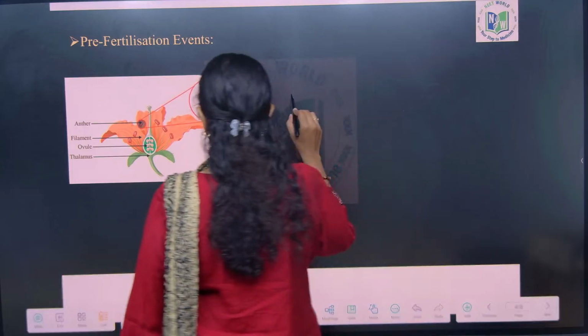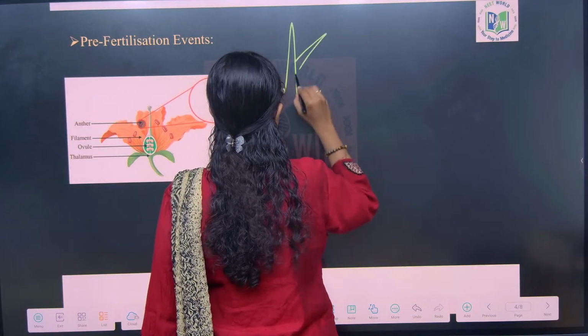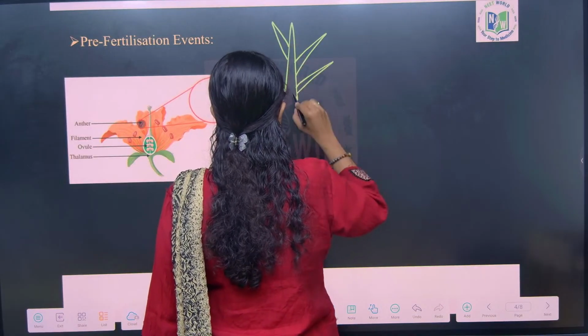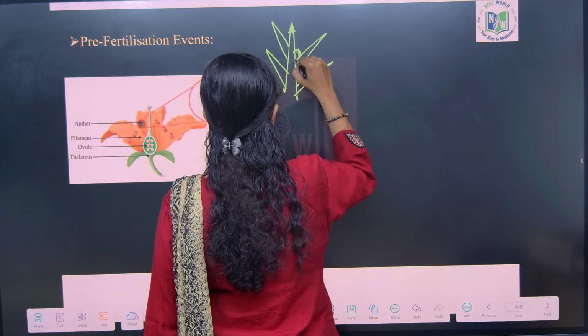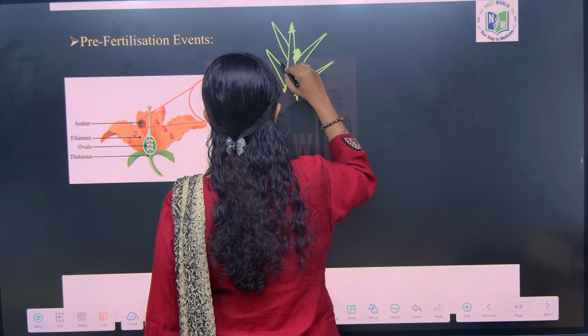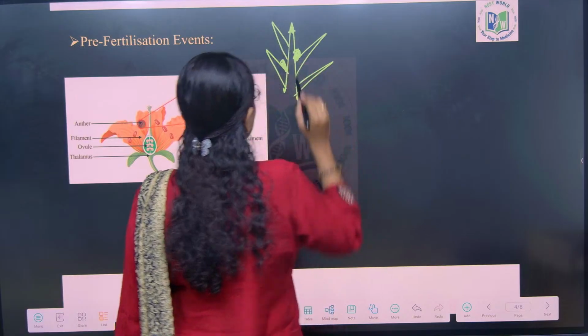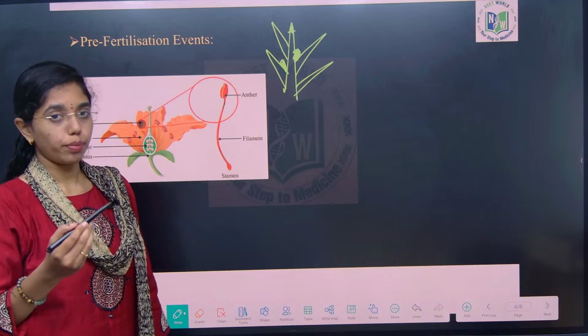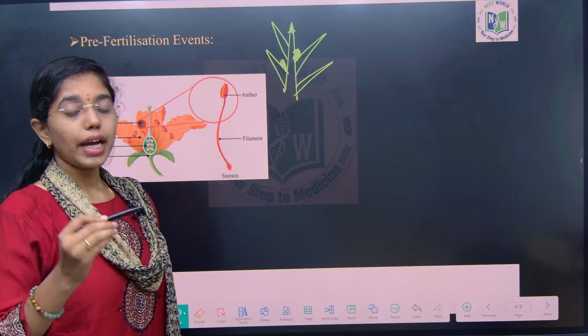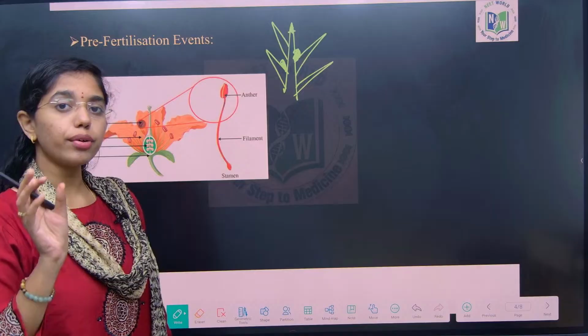Consider this as a rough diagram of a plant where we have axillary buds and apical buds, right? These axillary buds or apical buds can turn into a shoot branch, a flower, or a leaf, anything based on the plant requirement.